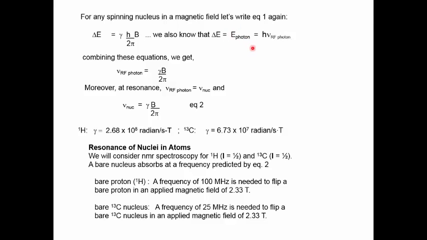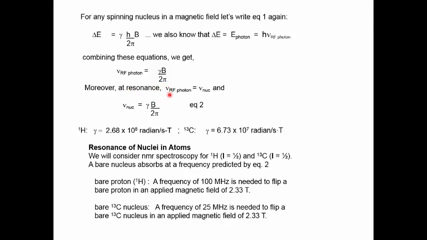Delta E, the photon, is always equal to Planck's constant times the frequency of that photon. Delta E photon equals h nu RF photon. Now if we combine these two equations, we get this equation. Frequency of the RF photon is equal to gamma times B over 2 pi.